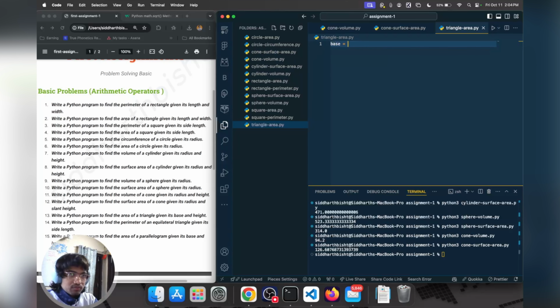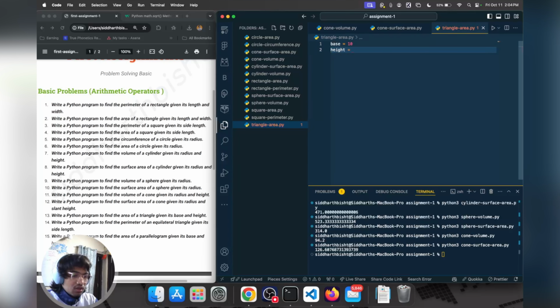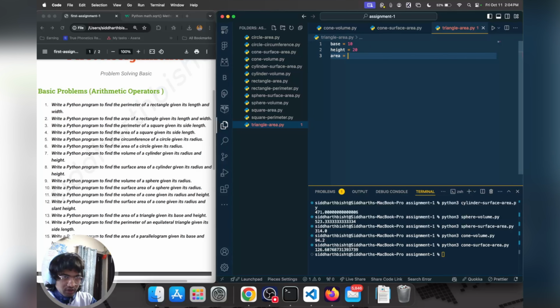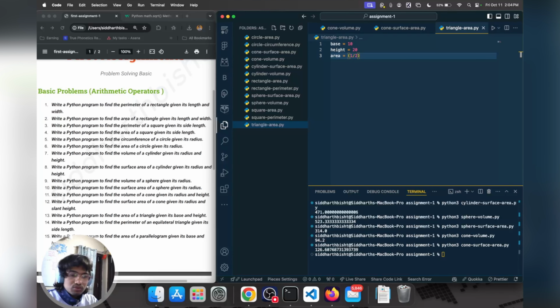So base equals to something, height is equals to something, we have to find what? Area. So area for a triangle is, I think, half base into height. Yeah, so let's do this. 1 by 2 multiply by base, whatever is given, into height.